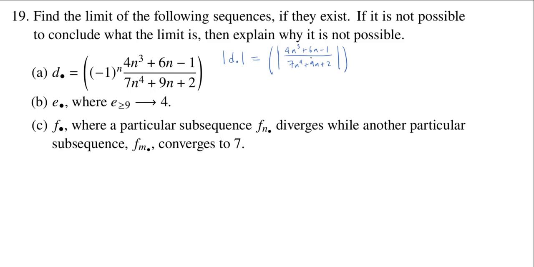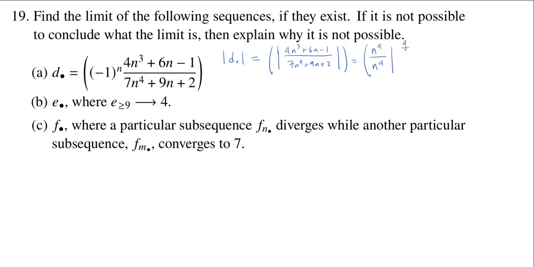If I factor out an n cubed from the top and the bottom, that would get rid of a lot of stuff. What if I even got rid of an n to the fourth? That would be fun. Let's try it. If I factor an n to the fourth out of the top and the bottom, now n is positive, so I can pull that all the way outside of the absolute value. So I'd have n to the fourth over n to the fourth. And what's left over?